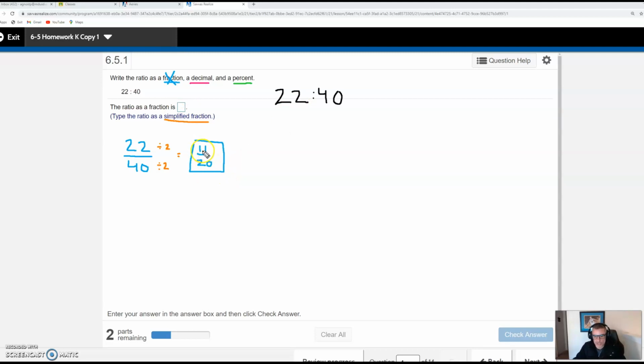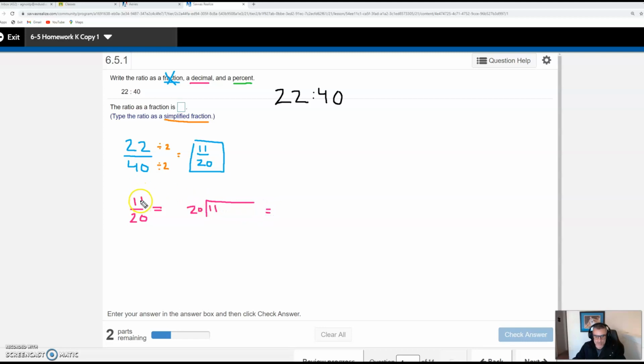Okay, now that I know that it's 11 over 20, well, I can just do this division to convert it into a decimal. So remember, 11 over 20 actually means 11 divided by 20, right? And you could go ahead and put your zeros here and do long division by hand if you like. I'm just going to go ahead and use a calculator for this.